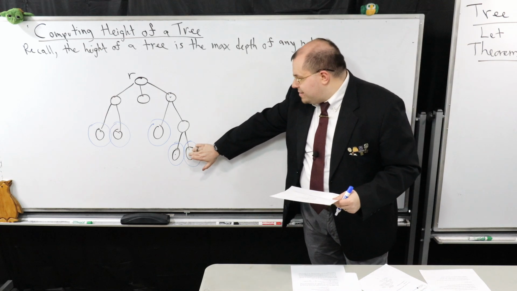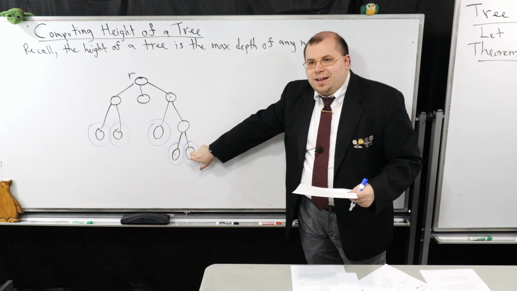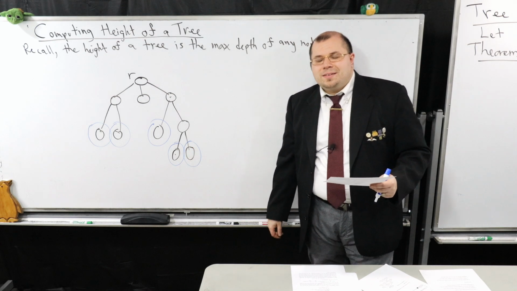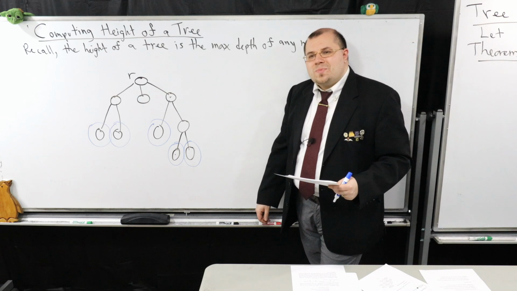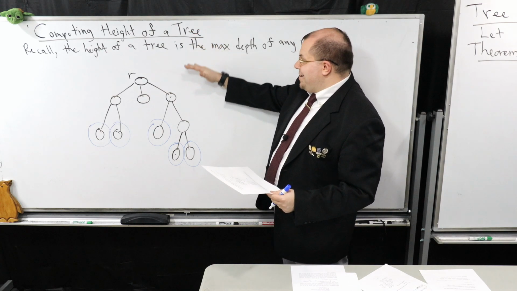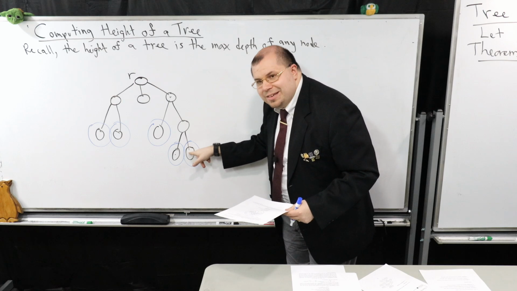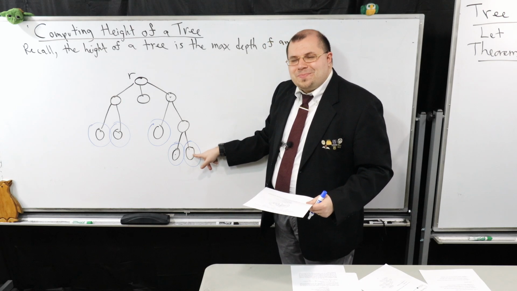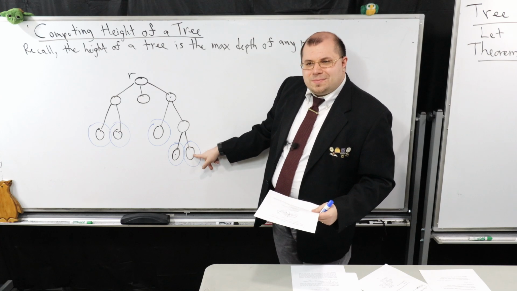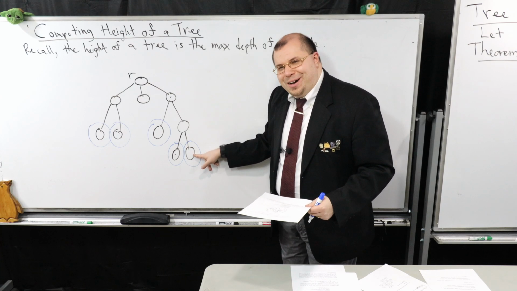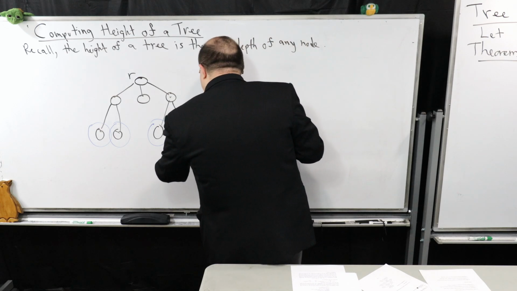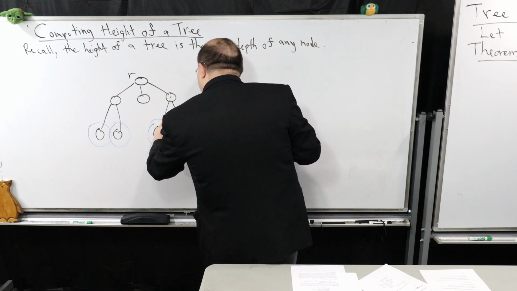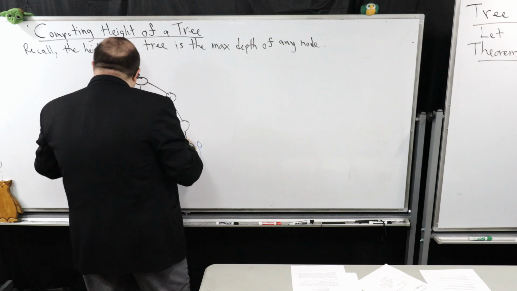So if I were to take this as a subtree, what's its height? I'm not talking about the whole tree here. I'm talking about if you imagine this is the root of the tree. So it's 0. It's 0. So remember, I'm looking at the subtrees here. So all of these have height 0.